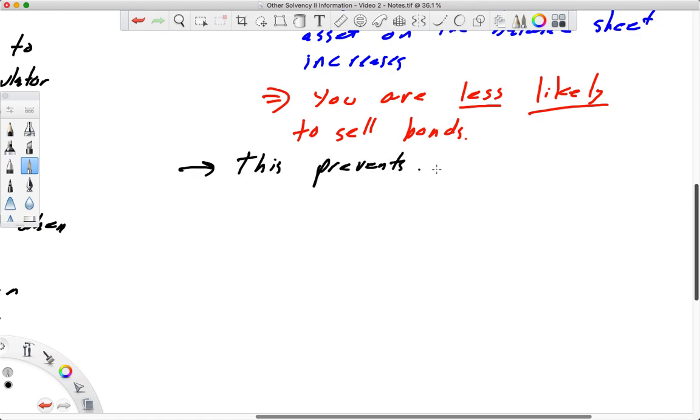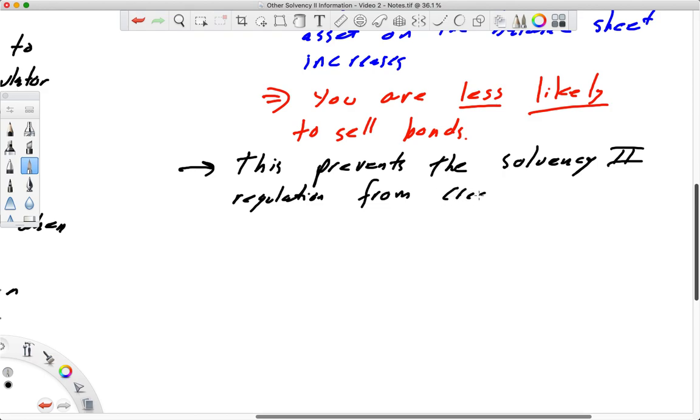This prevents the Solvency II regulation from, let's say, creating a market crash.